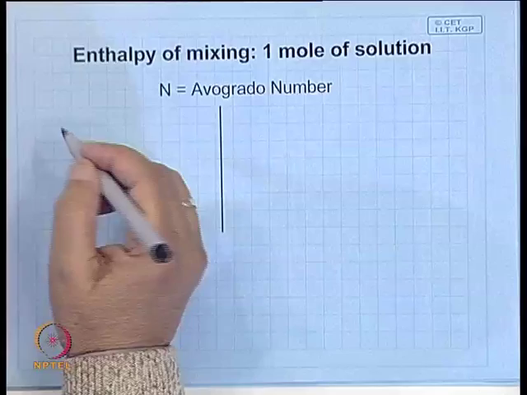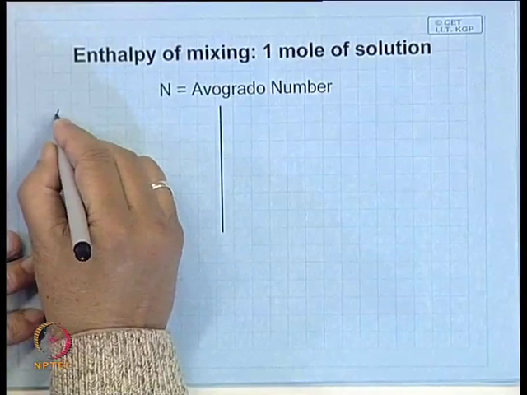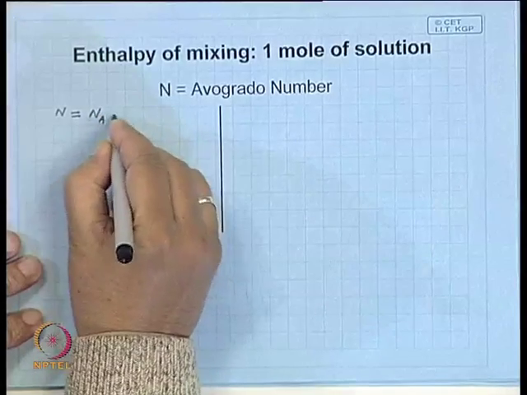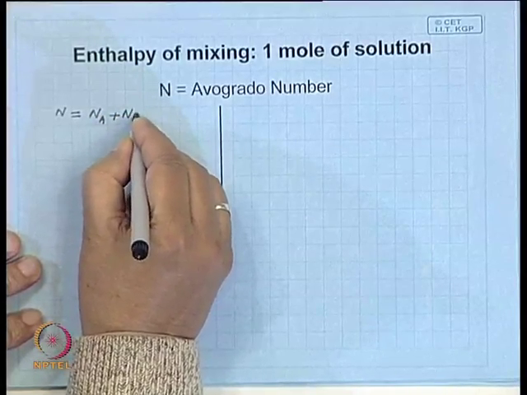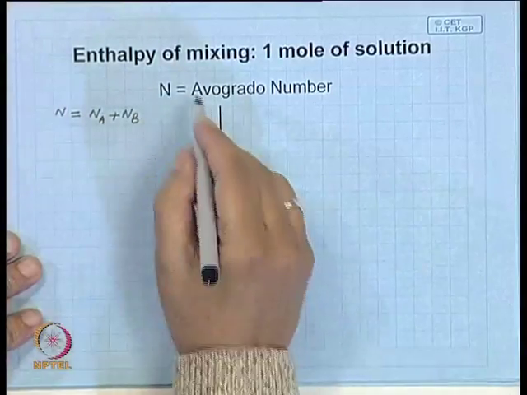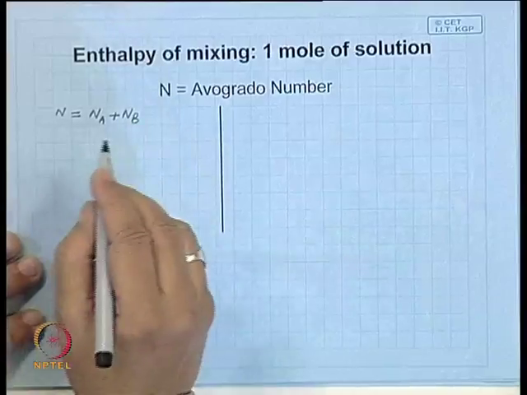Now, in this case, when you mix, you have a total number of atoms Na plus Nb. If we consider this to be 1 mole of solution, then N is the Avogadro number.